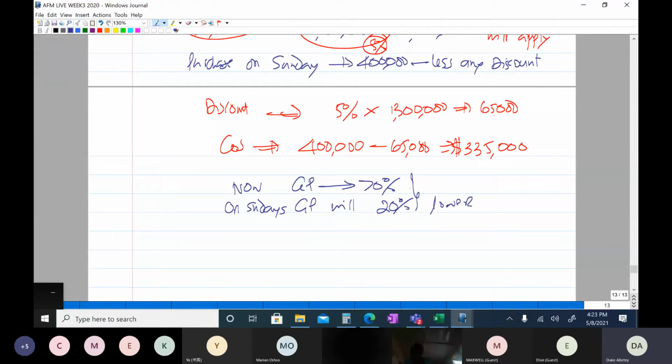So if it's 20% lower, then gross profit is going to be 70 minus 20, which is 50%. Does it make sense now? Yes, sir, it makes sense now. So that cost of sales on Sundays will be 50% if gross profit is 50%.